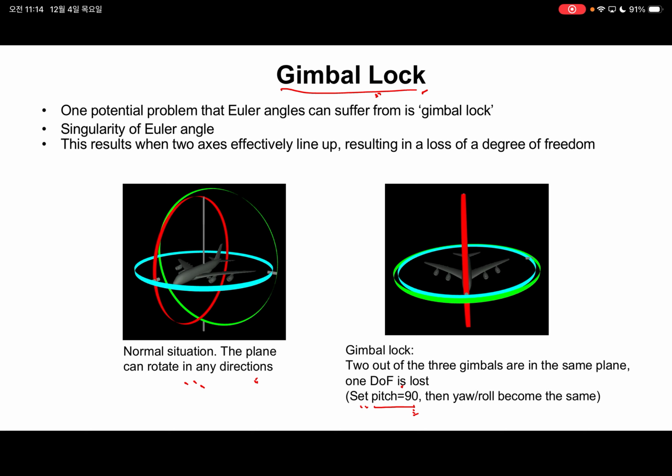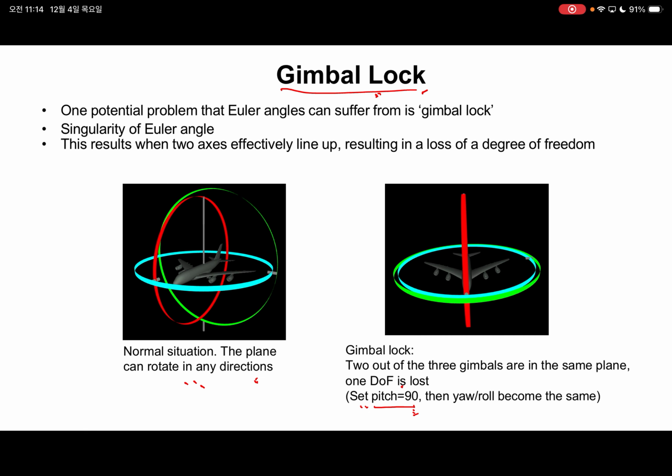With 2 degrees of freedom, it is very restricted to control the aircraft in 3D space. In such cases, the aircraft can crash to the ground, and there can be many dangerous situations. That is the reason why people might not use Euler angles often, because they might suffer from gimbal lock, singularity.